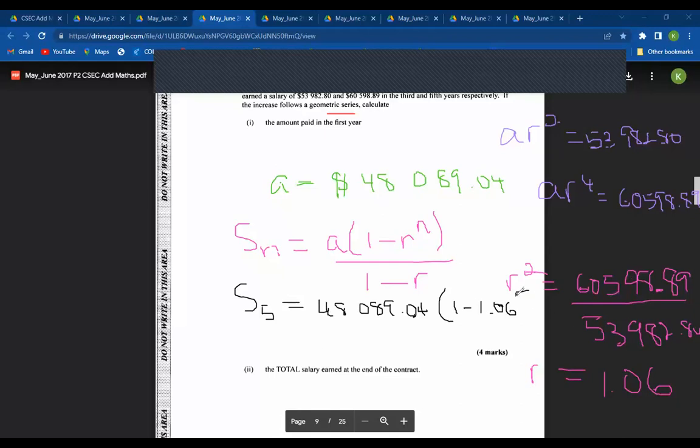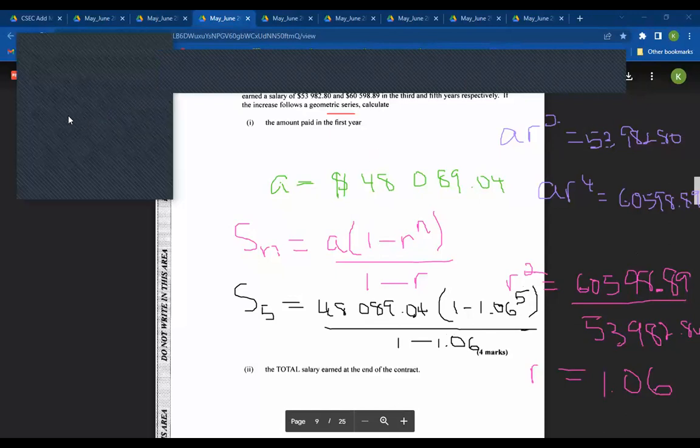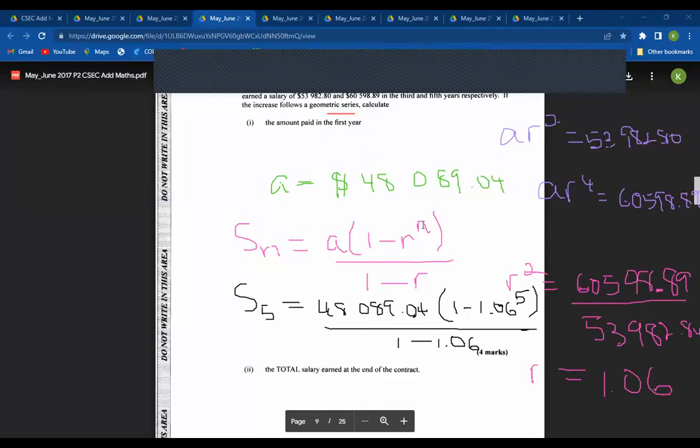I got 1.1 something. What did you put into the calculator? Yeah, 1.06. Good job. Troy, what did you put into the calculator to get 1.1 something? I put that 60 over 53, that number. Yeah, but then you have to square root it. Because r squared is equal to this fraction. We don't want r squared, we want r. So you need to square root it.